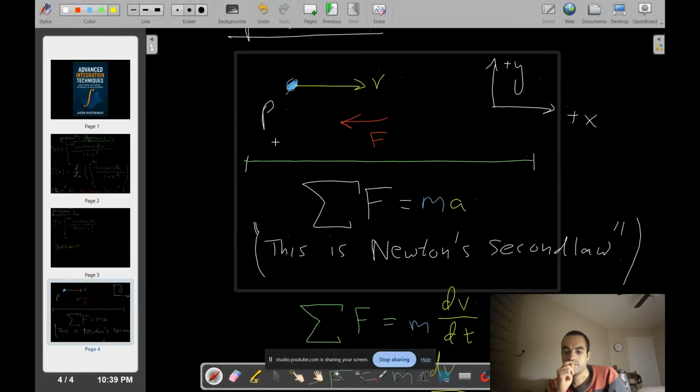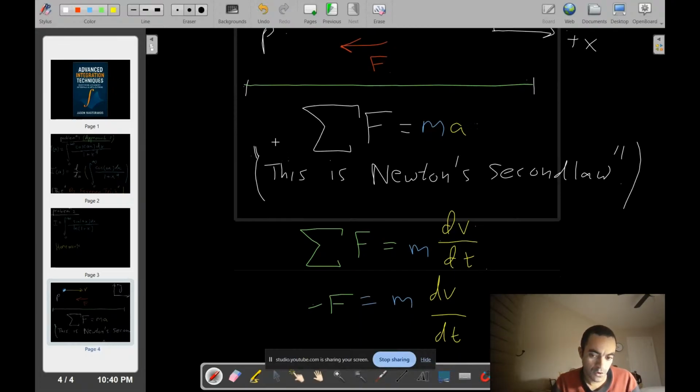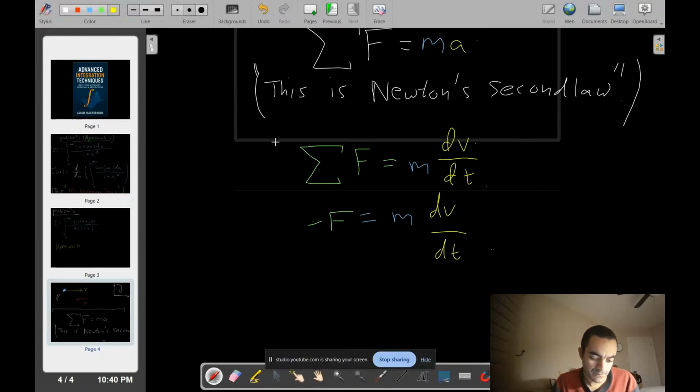This would be negative F. So again, there's still an issue, right? Because we know that the force is supposed to be going against the direction of motion of the particle. There's a resisting force. Now it always opposes the motion, okay? So we get negative F equals m dv/dt.